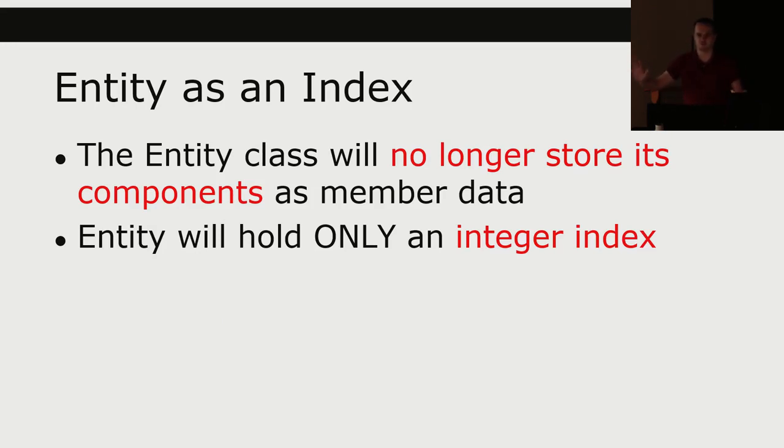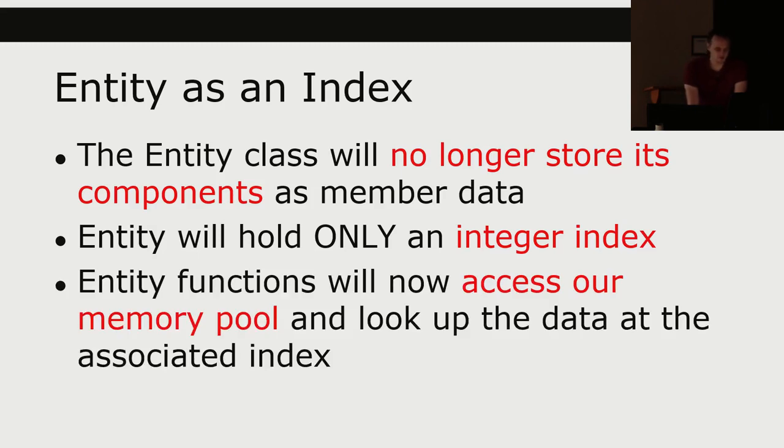It's just an integer, right? And entity functions, instead of getting the data from within themselves, are now looking up the data in a memory pool. If you want to get the transform component of me, go to the transform vector and look up the data at the index that I have stored.